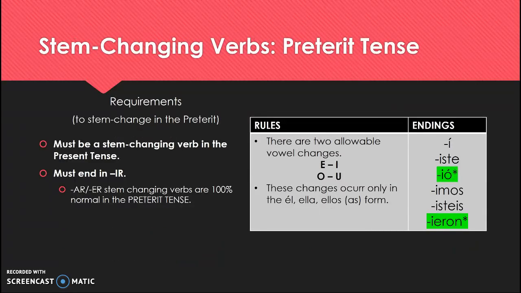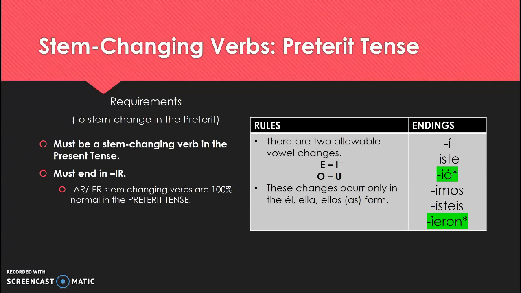The last type of verb we need to talk about are stem changers. And stem changers still exist in the preterite tense, just not as many. So in the present tense, we learned 4 different types of stem changing verbs: E to IE, E to I, O to UE, and our lone U to UE verb.